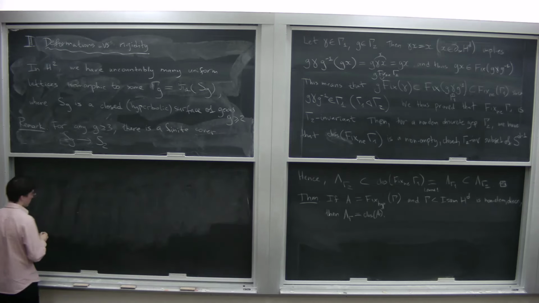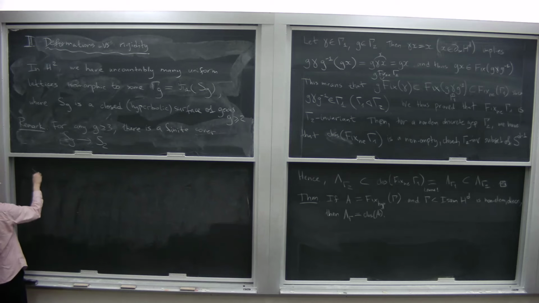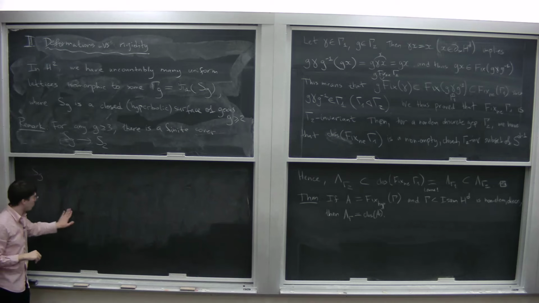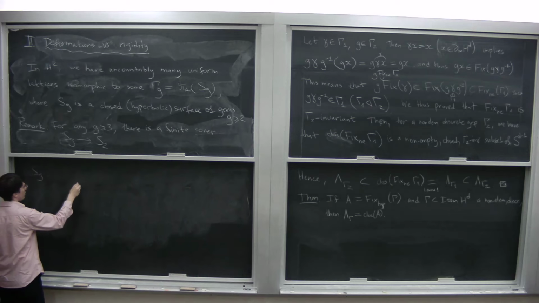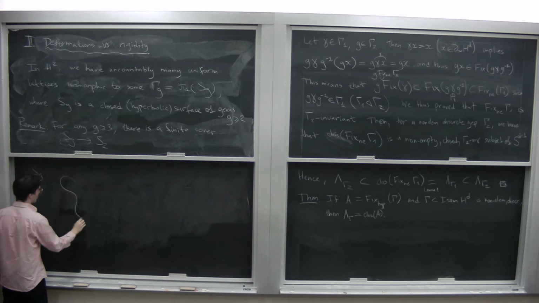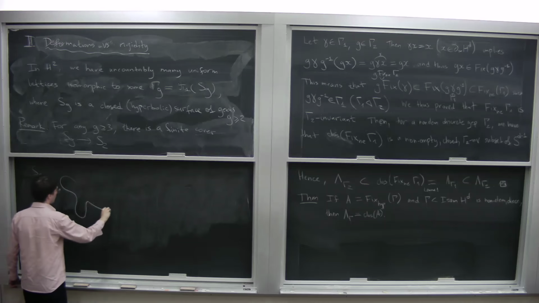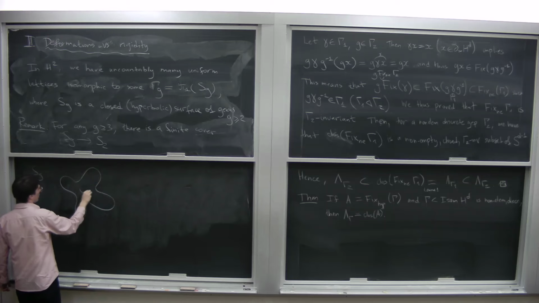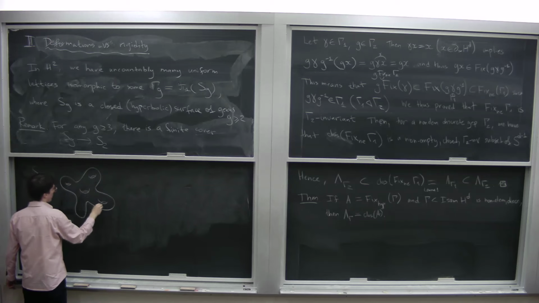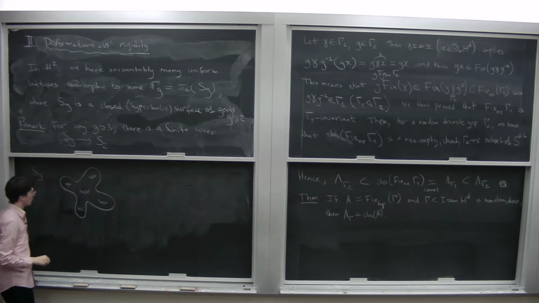One can take SG, and this is the so-called flower trick. We can think of this surface as being very symmetric.